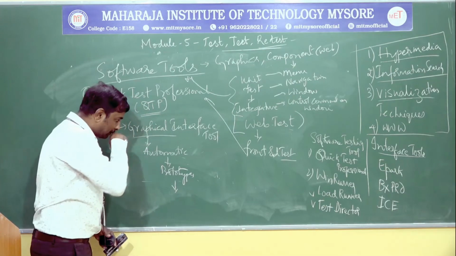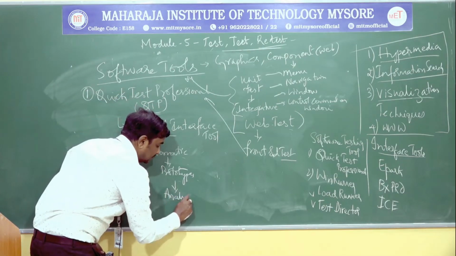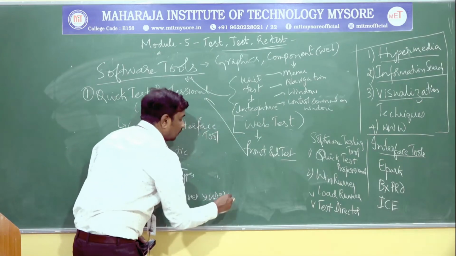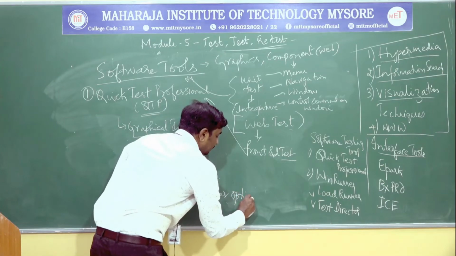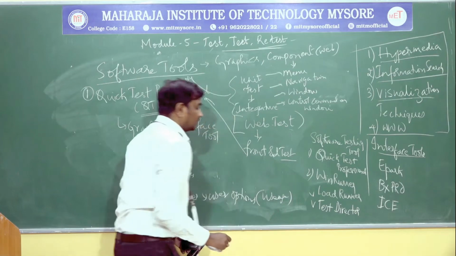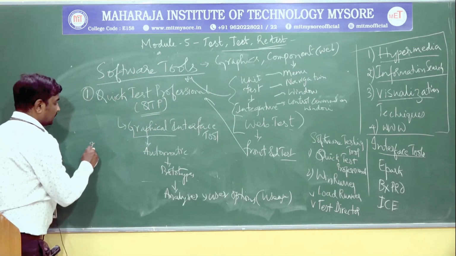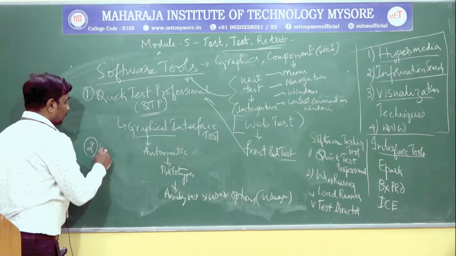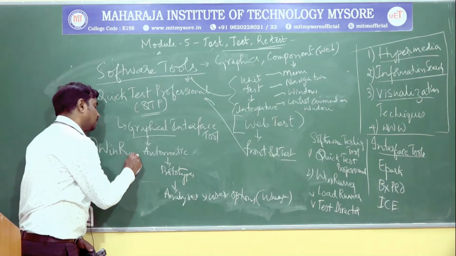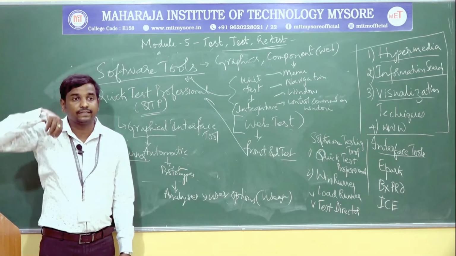These prototypes will be analyzed for the users' opinions and usage, like that. So this is one of the tools which we are using. The second tool is WinRunner. These are the common tools which we use for software development.